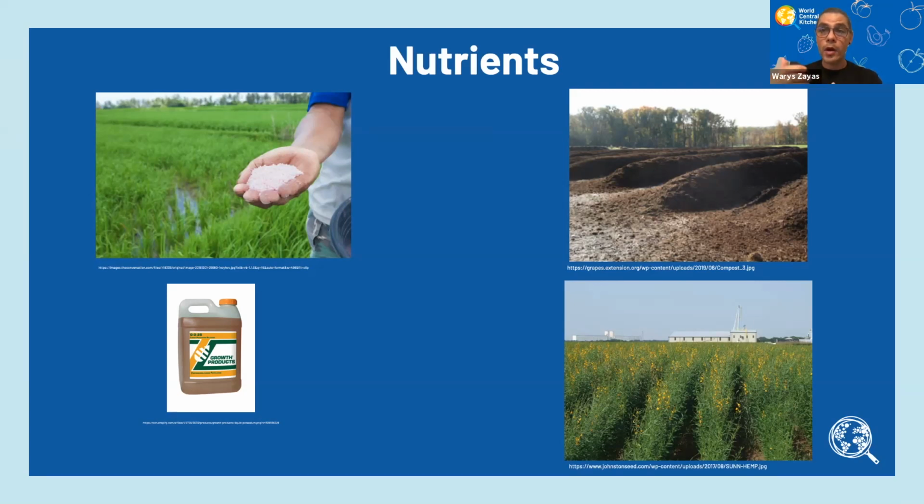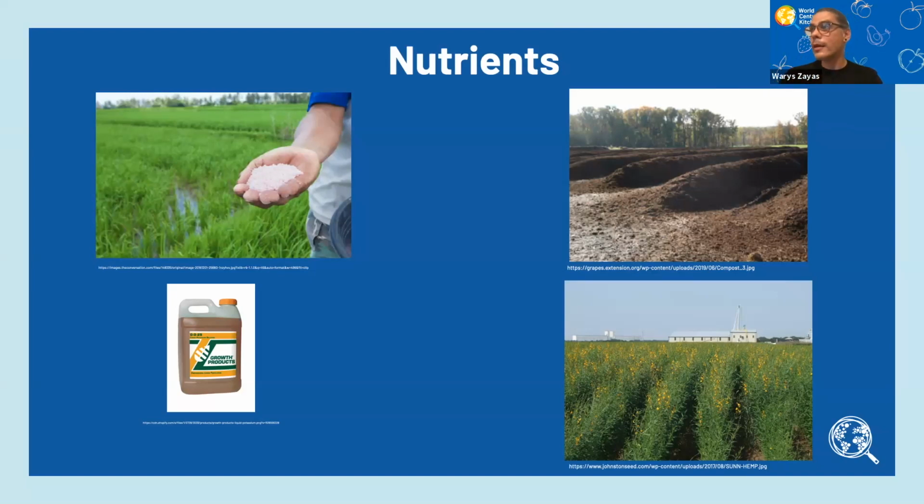On the other hand, you have other sources to provide nutrients, especially in organic agriculture, agroecology or sustainable agriculture. Most of those operations rely on high inputs of organic matter.